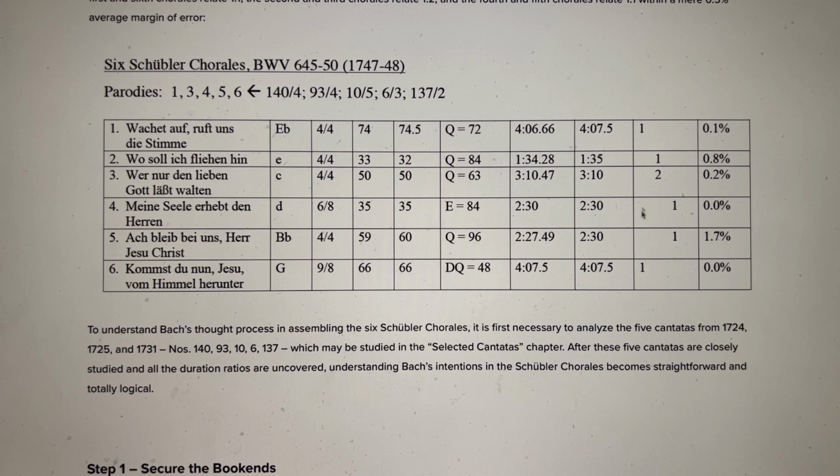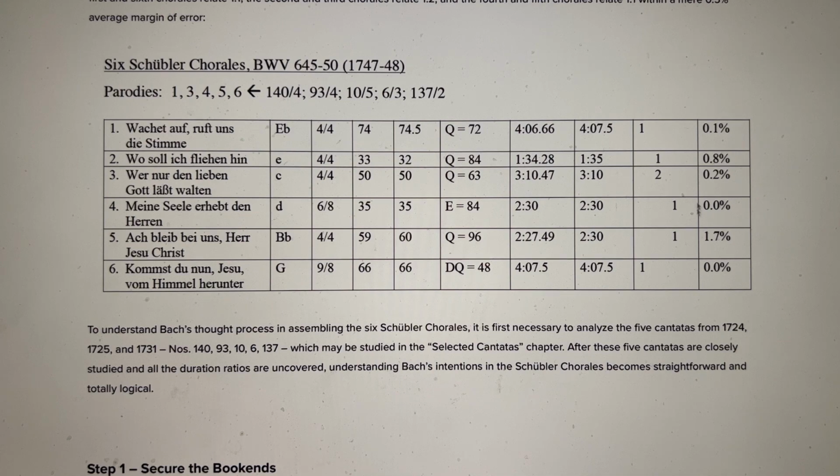He has the bookends secured here, 4 minutes and 7 seconds, or 4 minutes and 6 seconds on the ends. Numbers 2 and 3 relate 1 to 2. Number 2 lasts 1 minute and 35 seconds. Number 3 lasts 3 minutes and 10 seconds. It's an exact 1 to 2 ratio. And chorales number 4 and 5 both last 2.5 minutes, so they have a 1-to-1 duration ratio.